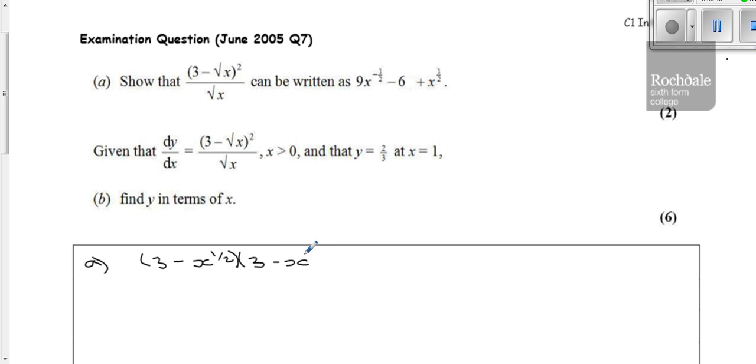But remember, the square root gives us a power of a half. And because I'm squaring, I've got two brackets to write down. So I'm just dealing with the numerator. I'll deal with the denominator in a minute. So 3 times 3 is 9. And then I get 3 times minus x to the power of a half. Minus x to the power of a half times 3.